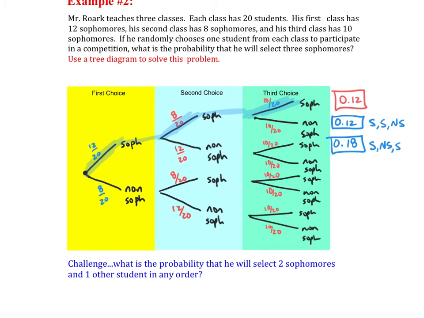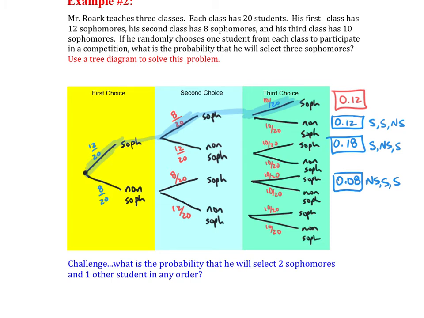And then we have the option of picking a non-sophomore and then a sophomore and a sophomore. That would be 8 out of 20 times 12 out of 20 times 10 out of 20. And that probability is 0.08. So there are 3 different situations in which we could pick 2 sophomores and 1 non-sophomore if the order didn't really matter.